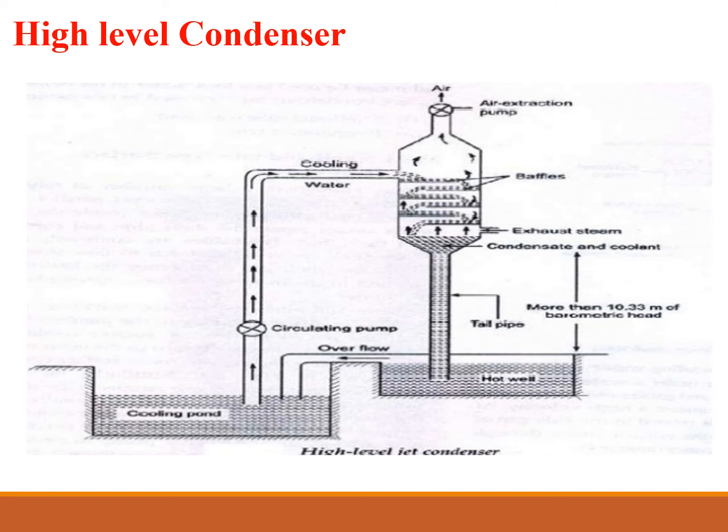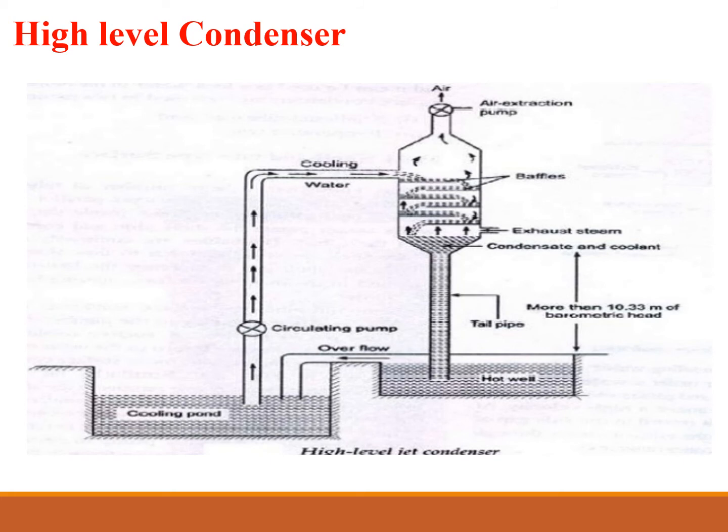The cooling water from the cooling pond is sucked by the cold water pump and discharged to the top of the condenser shell, which flows over the plates fitted alternately in the condenser shell. The exhaust steam enters from the bottom side of the shell. The cooling water comes in direct contact with the exhaust steam and the steam is condensed.